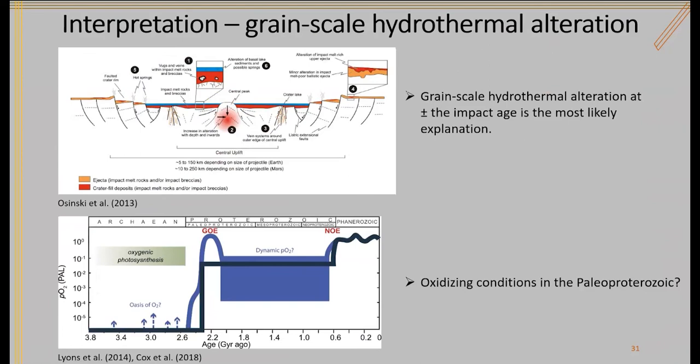Most of these graphs indicate that the atmospheric oxygen content had skyrocketed at roughly 2.2 billion years, the age of the impact. So in a way, one could see our data set as indirect evidence of oxidizing conditions in the Paleoproterozoic. However, we cannot prove that because what we don't know is the current erosional level of the structure. So we cannot prove that the fluids were meteoric. But it's an interesting thing to think about, and an aspect that is worthwhile mentioning.